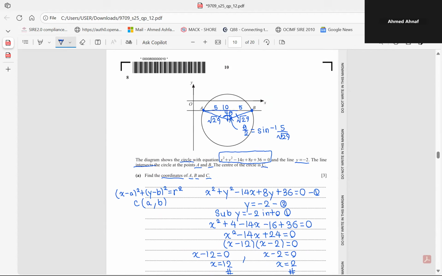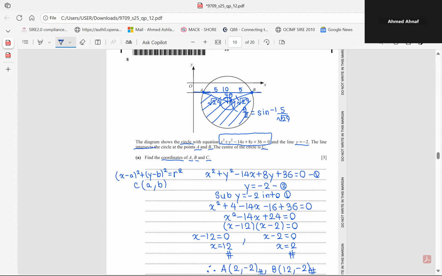So this is the chord AB they're talking about, and the smaller segment is above AB, and the larger segment is below AB. So the larger segment consists of the triangle ABC as well as this major arc that I'm going to shade right here with this reflex angle.